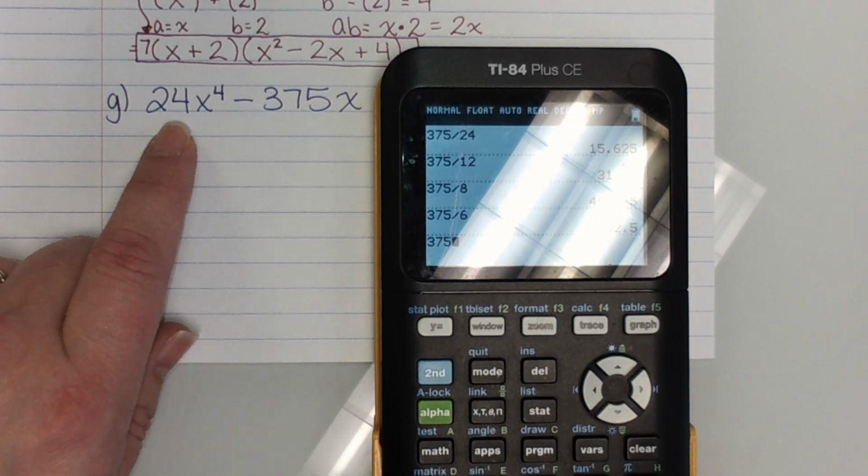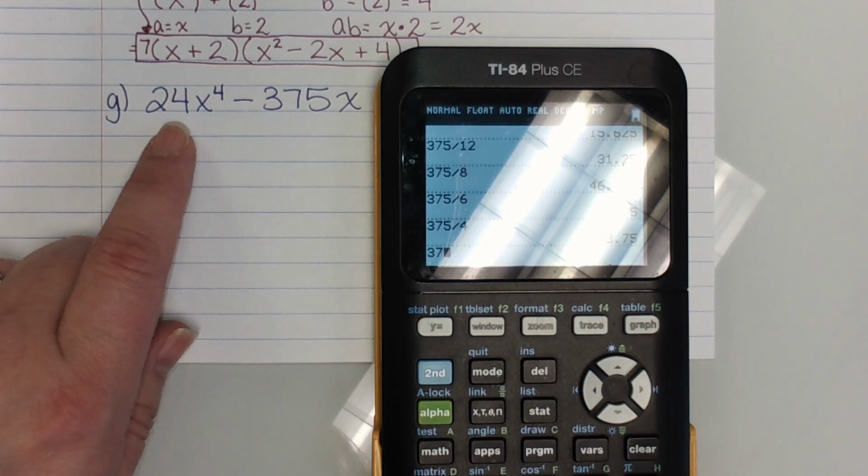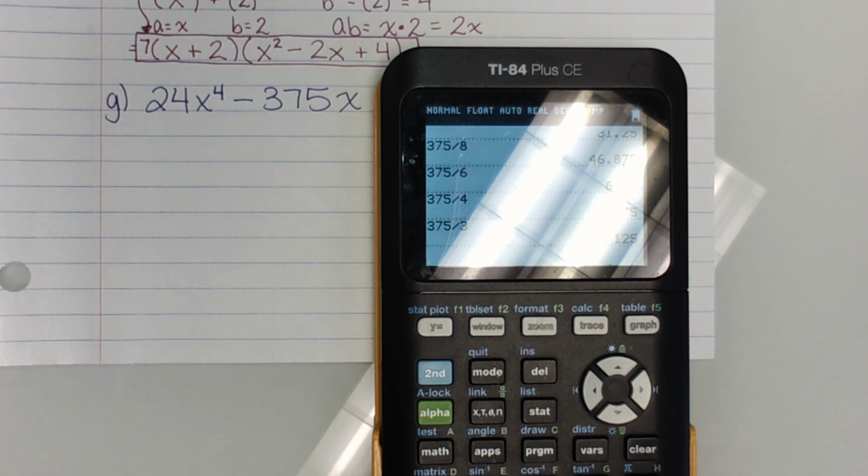No. 24 doesn't divide by 7. 4? No. 3? Yep, 3. So, when in doubt, just think about all of your things that multiply to get you your number and just start going through them. You'll eventually find one if one exists.